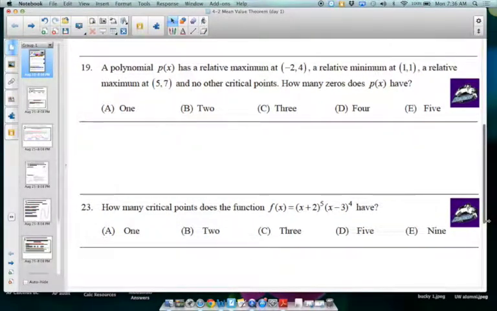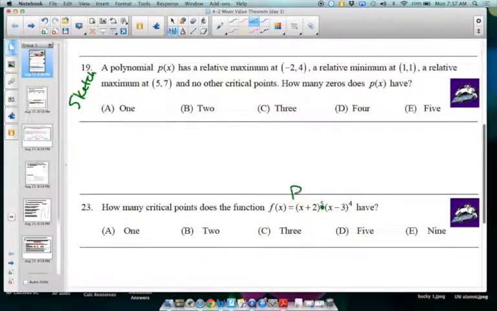19 is a sketch. Let's get a sketch. Agree on a sketch at your table. 23, what do we have to do here to take the derivative? We have to do what sort of thing? A power rule, and what is between these two?